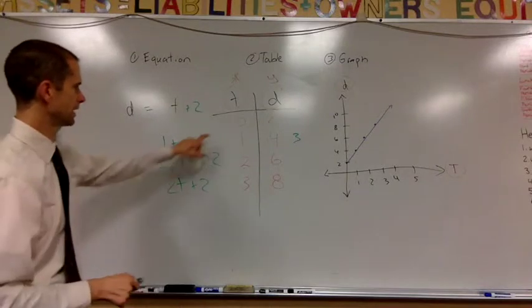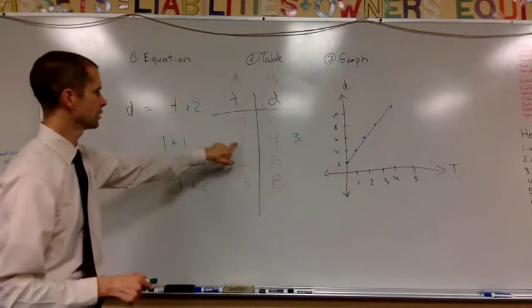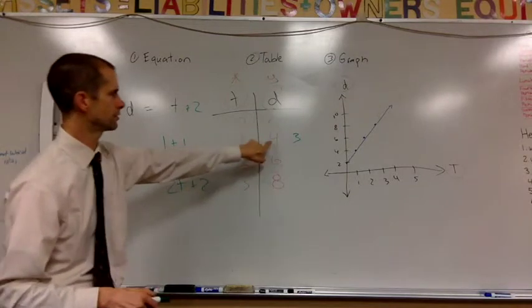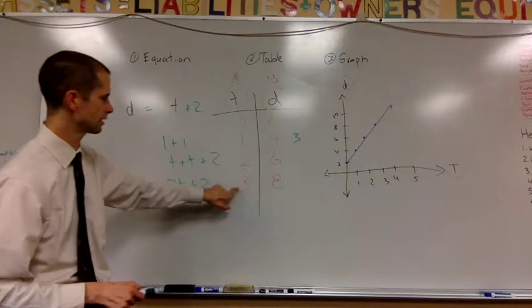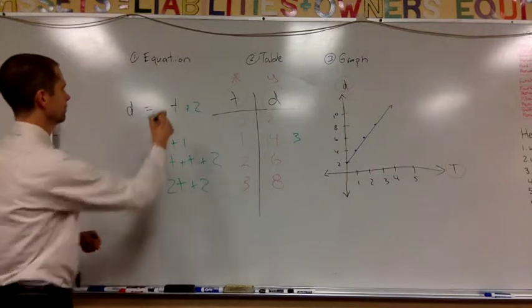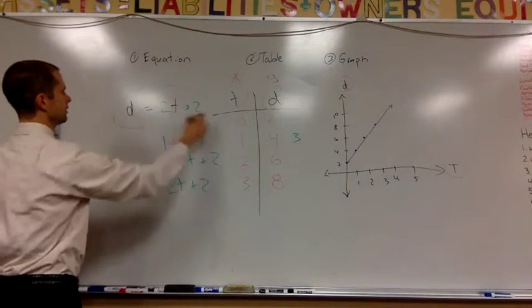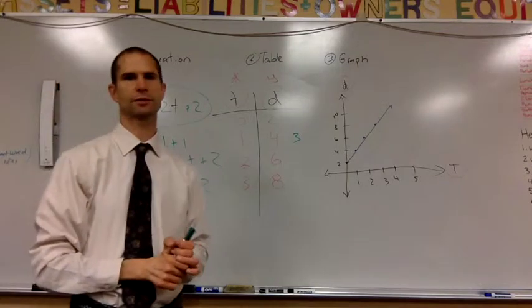Let's see if that works now. 2 times 0 is 0 plus 2 gives us 2. 2 times 1 is 2 plus 2 equals 4. 2 times 2 equals 4 plus 2 is 6. 2 times 3 equals 6 plus 2 equals 8. So then our equation is d equals 2t plus 2.